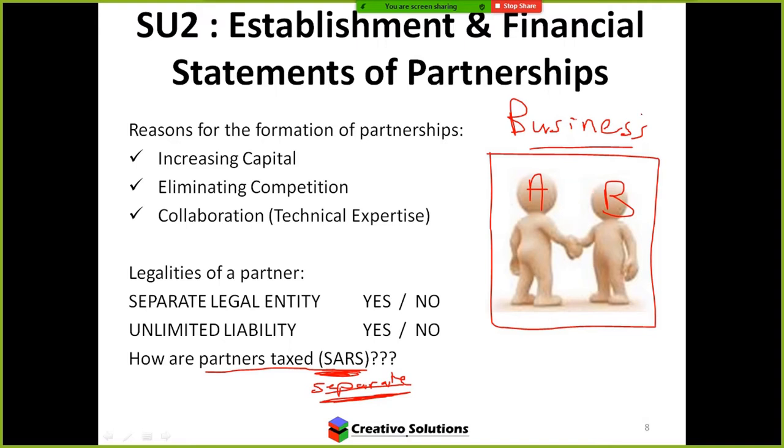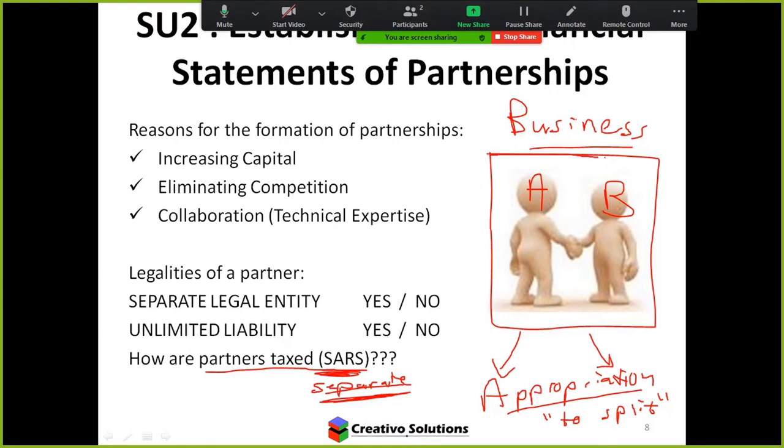So what must you do when you have a partnership? They talk about this appropriation. Appropriation means to share or to split, in inverted commas. That's important to note when looking at study unit 3 in your study guide. You need to remember that partners are running one business.